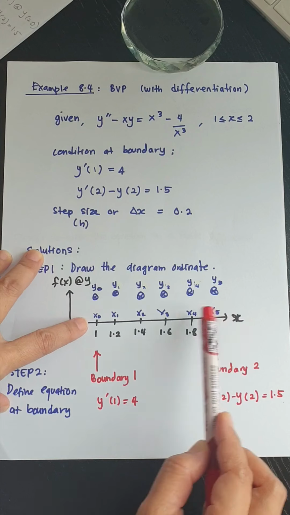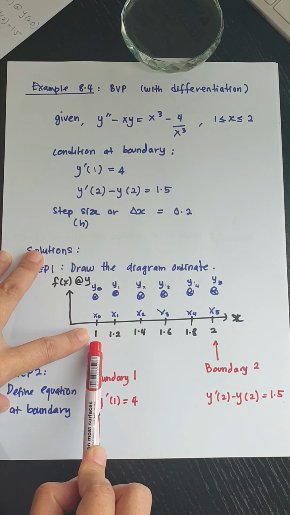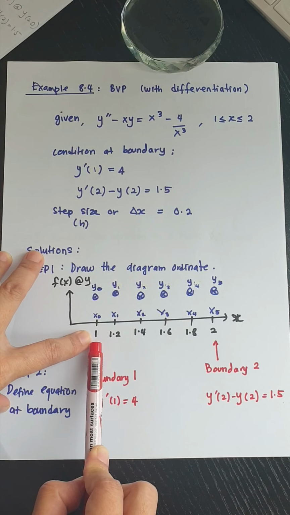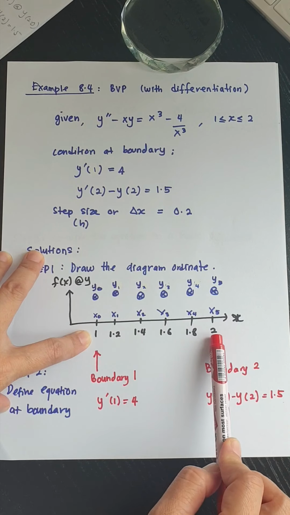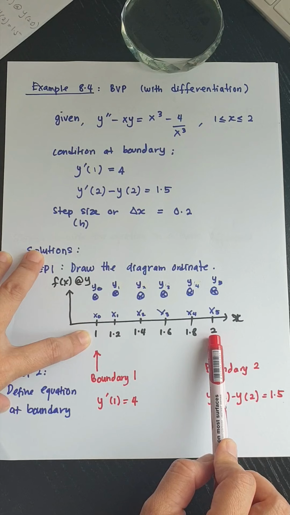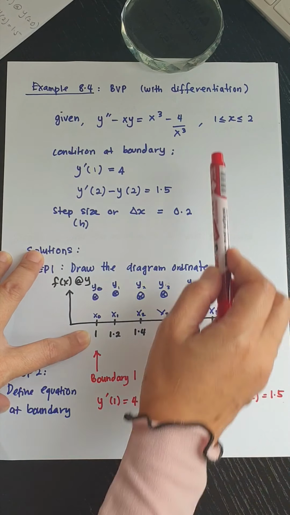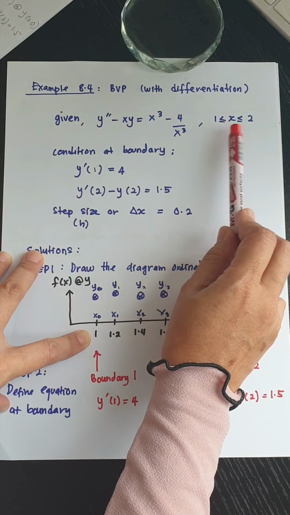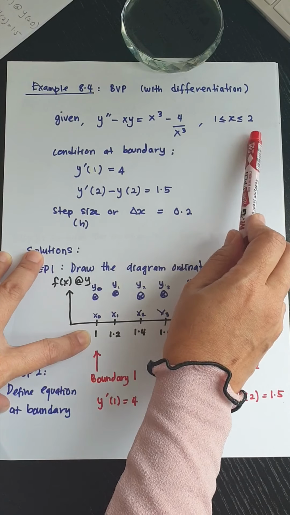At the x-axis, you have x0, which is the start point where the value of x is 1, and also your last point, x5, where the value is 2. This is to comply with the data range given by the question.